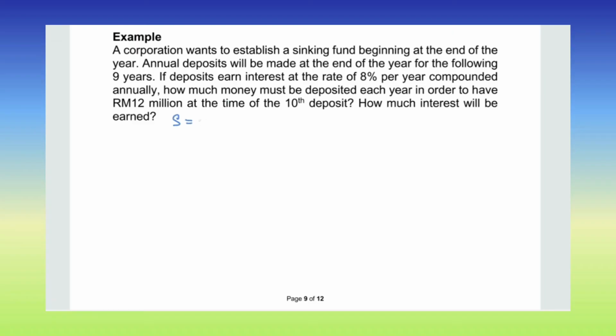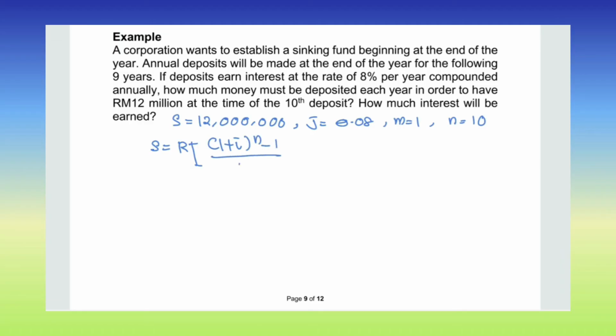S equal to 12 million. J equal to 0.08. M equal to 1. N equal to 10. So S is given by R, 1 plus I to the power of n minus 1 over I. So S here is 12 million.